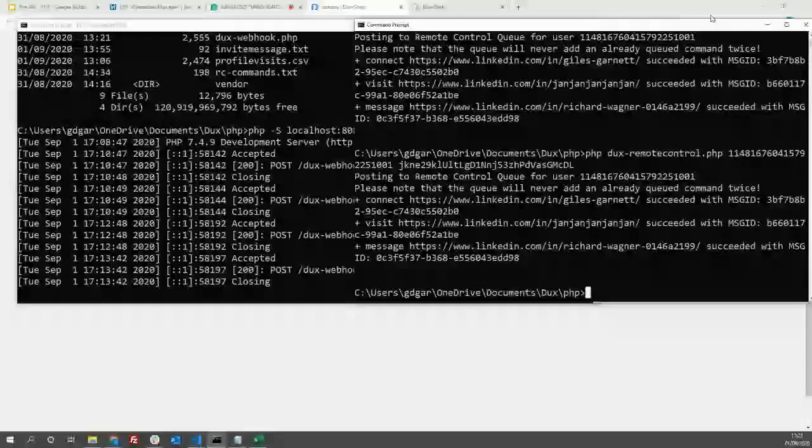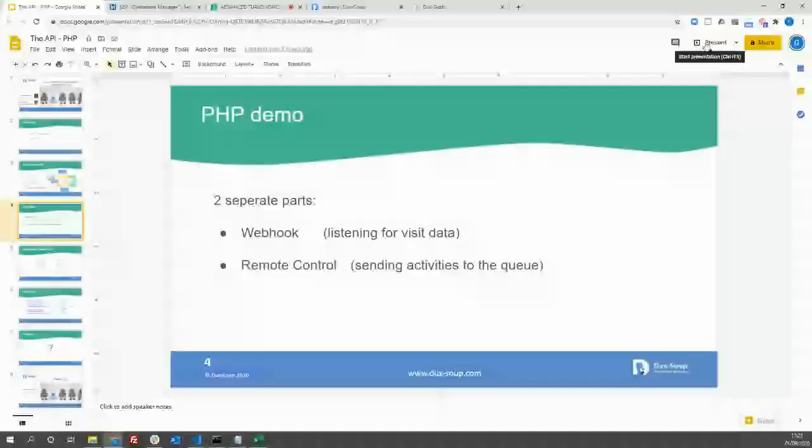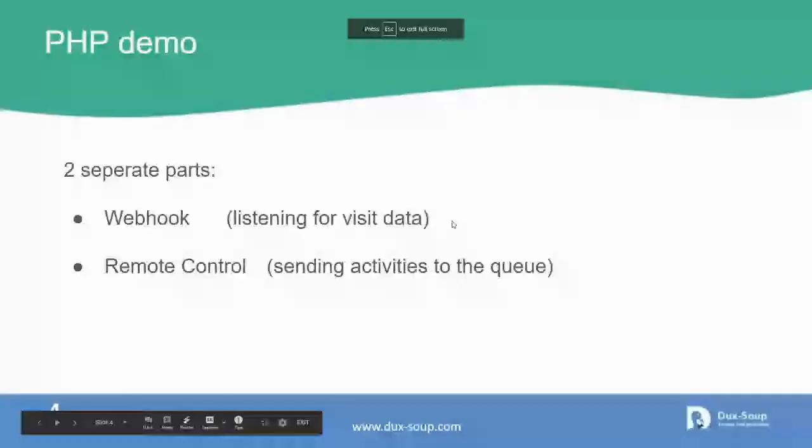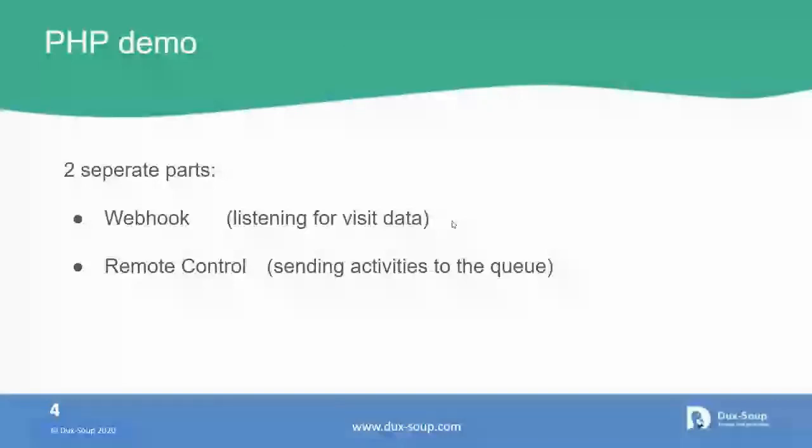Okay, so let's go back to here and go back into present mode. So we've demonstrated the webhook functionality, the listening for the visit data. Of course, you can do that with other actions, which are also defined on the website: the other webhook information, the action events, the message events, et cetera.